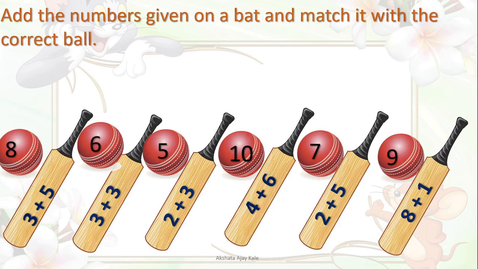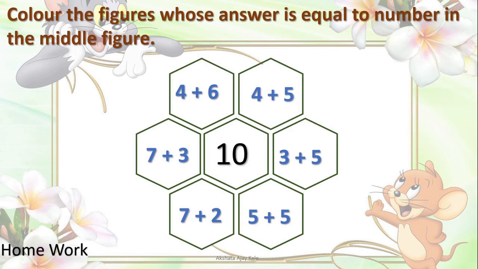Okay. Now here, this is for you. Color the figures whose answer is equal to the number in the middle figure. This is homework for you. See, dear children, here you can see some additions, right? And in the middle figure, you can see a number 10, right?